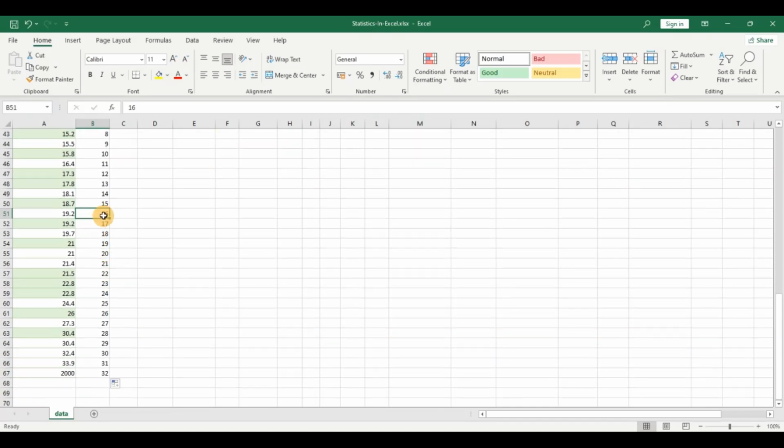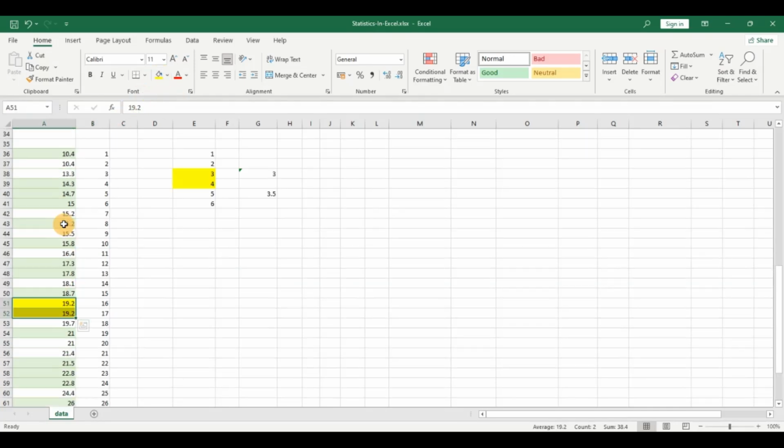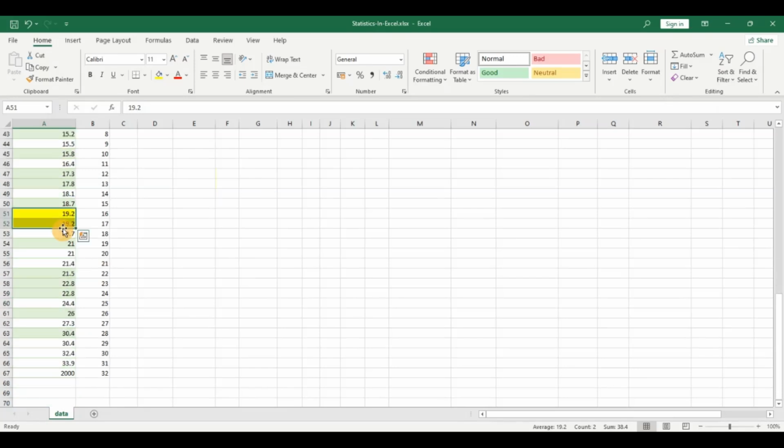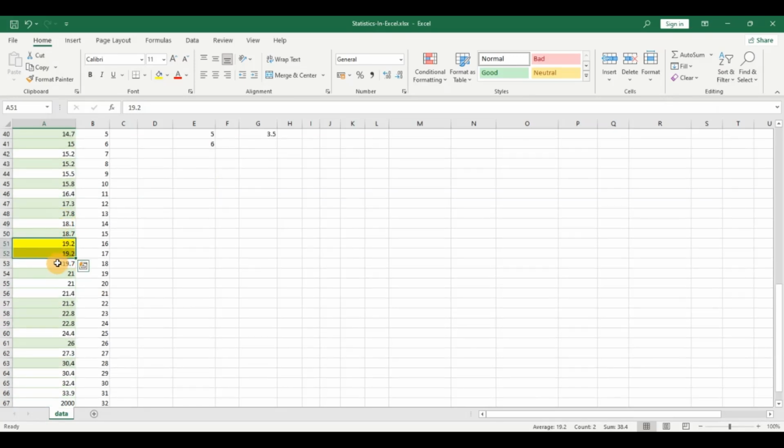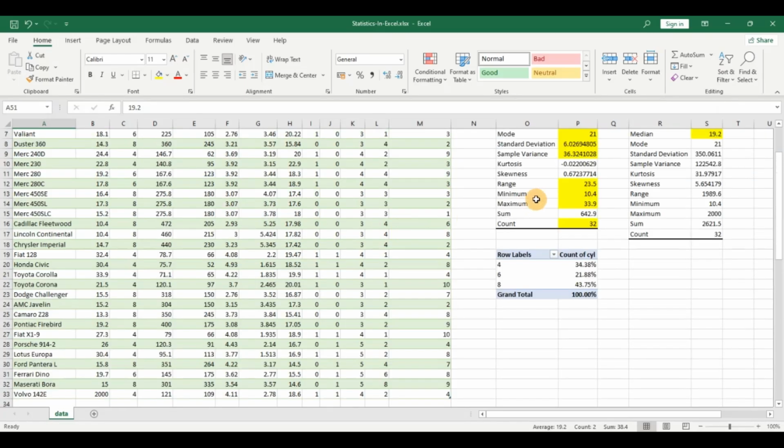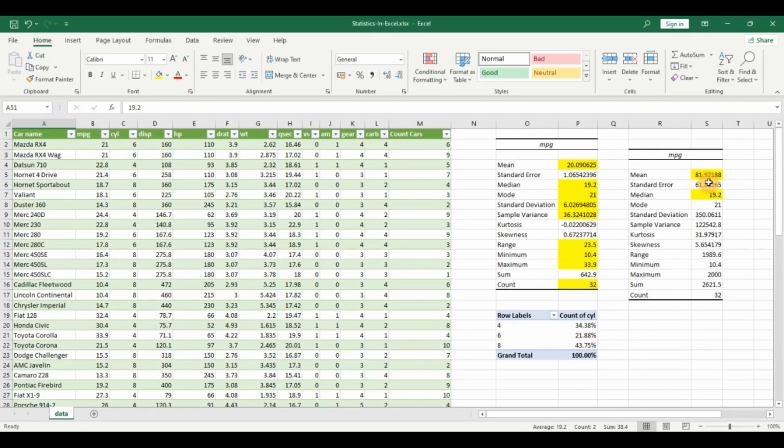If I select these two values together, you can see these two values split the data equally, and therefore the median is the average of these two values, which is 19.2, which we got here, 19.2.